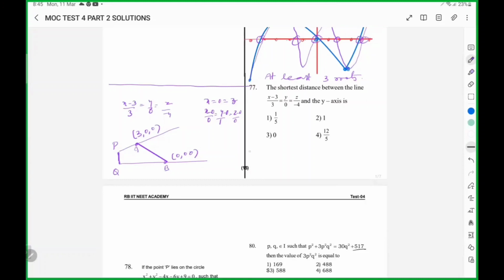So the shortest distance line will be 0, 1, 0, 4 minus J plus K into 3, 4I plus 3K. Here the projection of AB on PQ is the shortest distance.